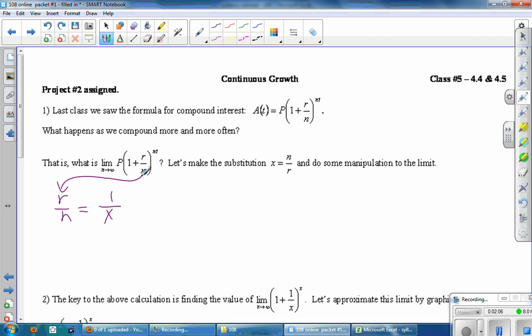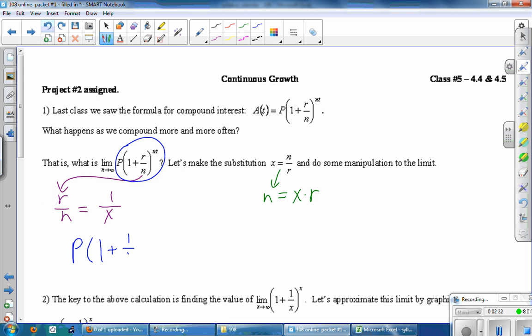And the other thing we can do is solve this for n. If you multiply both sides by r, you see that n is equal to x times r. So let's substitute into this. So p times 1 plus, instead of r over n, we've seen that that's the same as 1 over x.